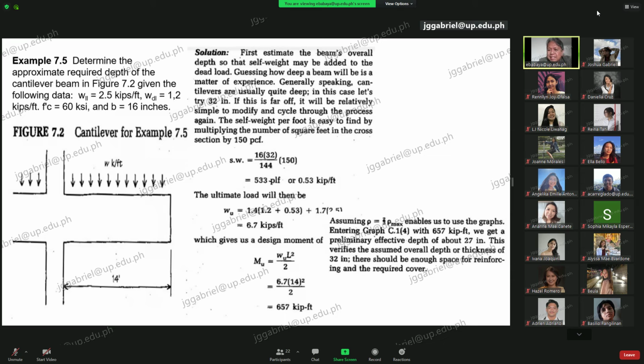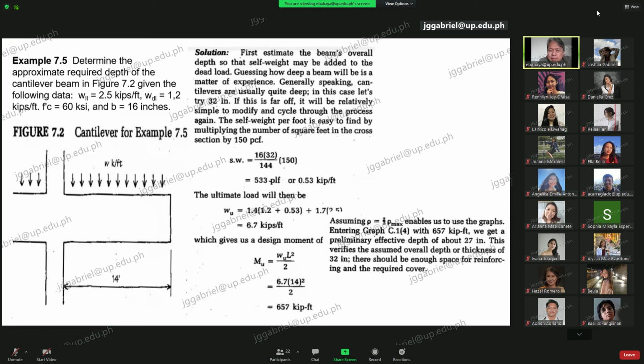So you will wonder, how can I get that experience? Perhaps after we've discussed this chapter, you'll get a good grasp already of how much initial depth you will assume. And you have guides.